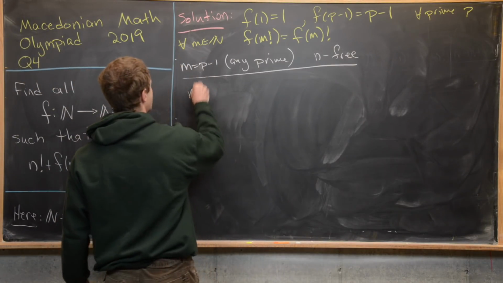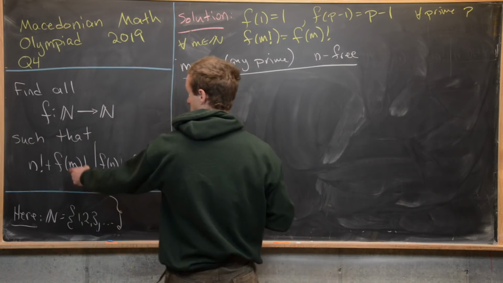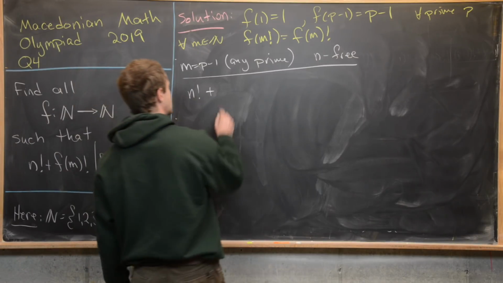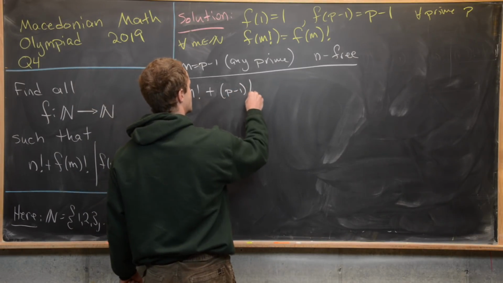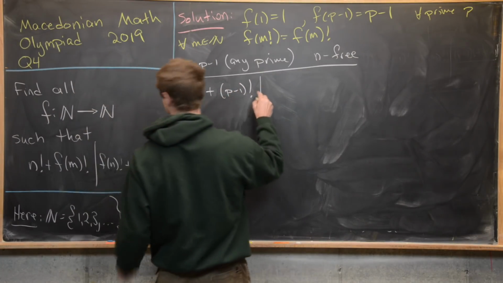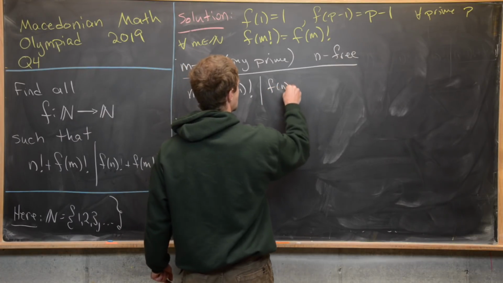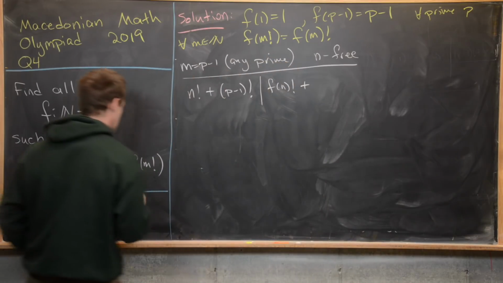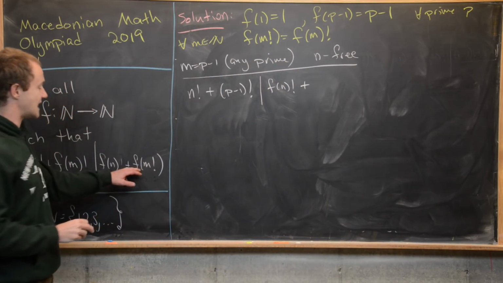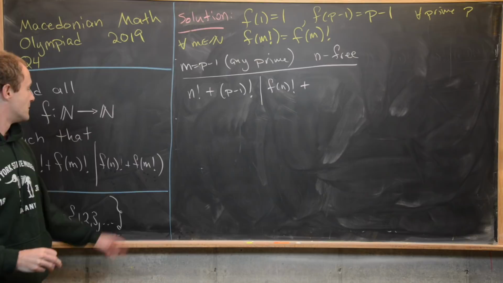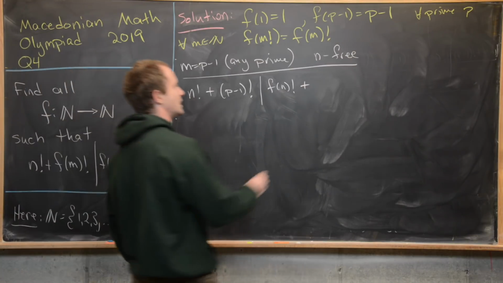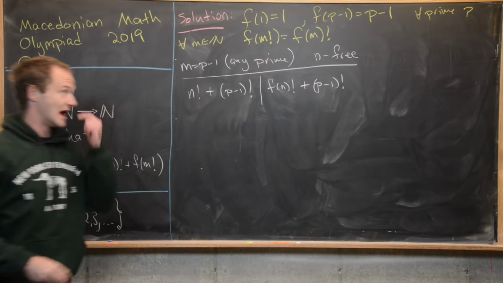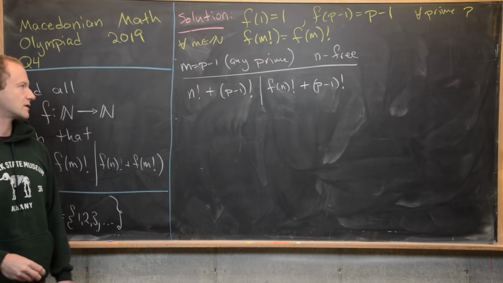We're going to have n! plus, so it's going to be f(p−1), but we know f(p−1) is p−1, so that's going to be (p−1)!. That's going to divide f(n)! plus, now we know that this guy right here can now be written as f(m)!, but then since m is p−1, we know that f(p−1) is p−1, so that guy is (p−1)!.